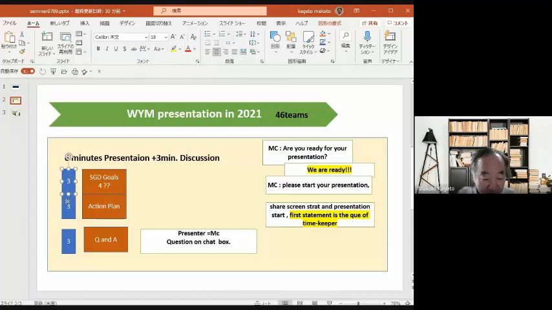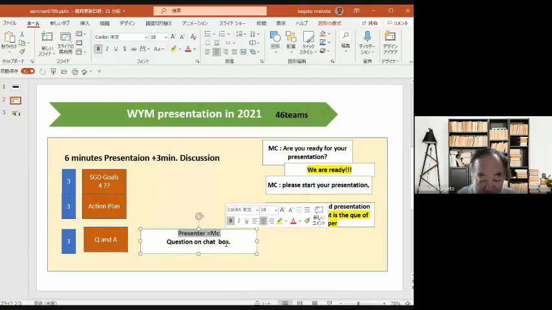After that, you have to conduct the Q&A session. The presenter should be a member of the presentation group, and the MC should also be a member of the presentation group. Pick up the question on the chat box, make an answer and reply to the question.